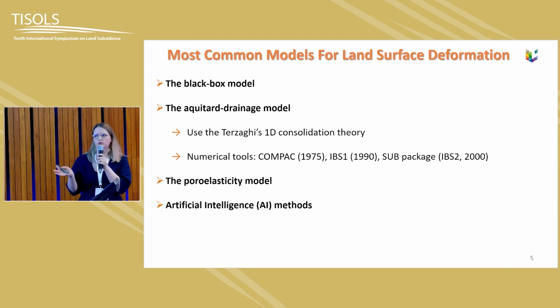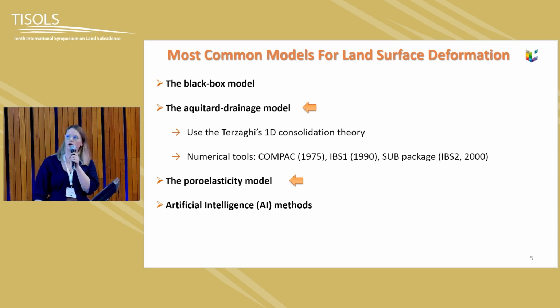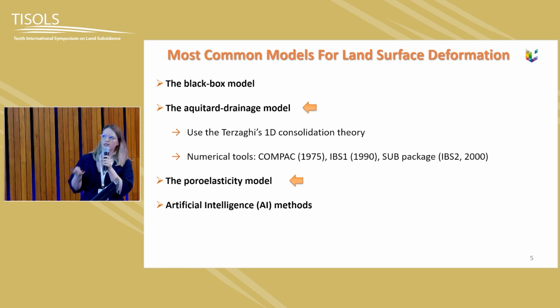Finally, the most recent ones are artificial intelligence methods, which are usually used to determine the likelihood of subsidence occurring at a given location and to take into account the different causes and the actual subsidence occurring at the same location. Most of the current models base their theory on these two different approaches. In our case, we are using the Terzaghi principle, as I said before.